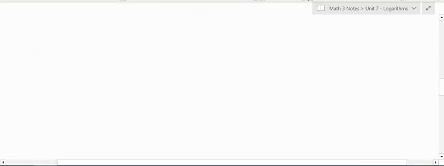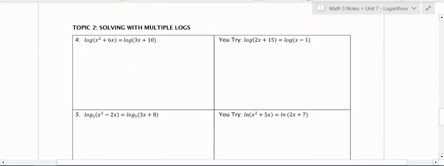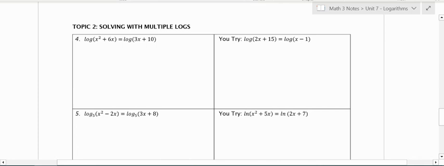For the other part of the notes, we're going to see, well, what happens when we have multiple logs here? So you could see in this first example, and we're going to see some factoring and some quadratics come back a little bit that we saw back in semester 1.